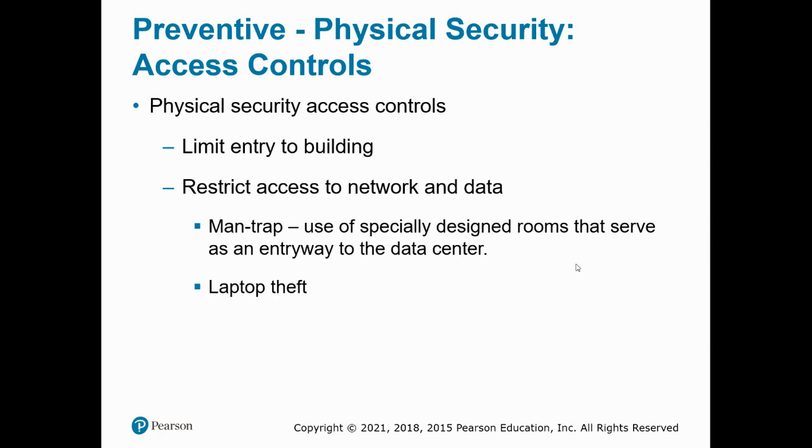You go through a room that looks like a corridor, and you have to use an authentication method to enter the first door, walk through, and then use another authentication method to get through the next door.